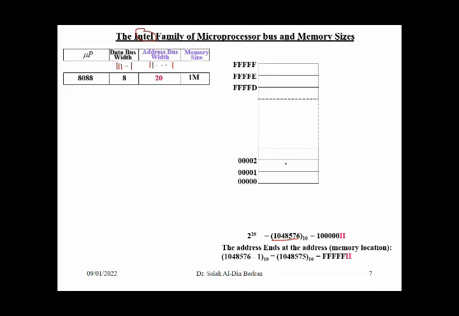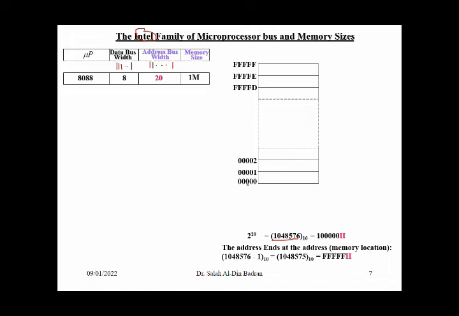Why? To explain that when we say the address bus width is 20, it means we have too many addresses there. Started with these zeros, ends at these Fs. This is why we subtracted 1. Why? Because we use 0 in the beginning.